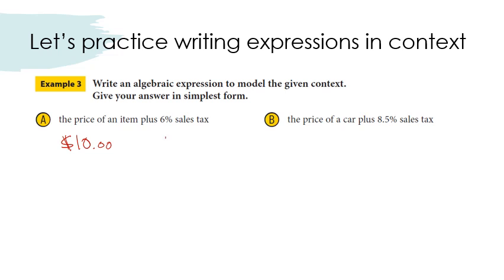So it's taking that $10 and multiplying by 6%, or 0.06 as a decimal. And we're adding them together, and that will give us, in the end, $10.60.